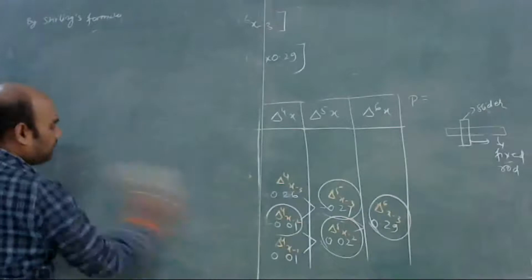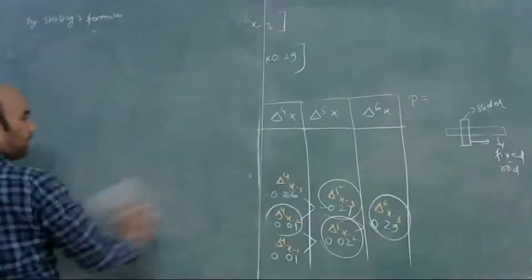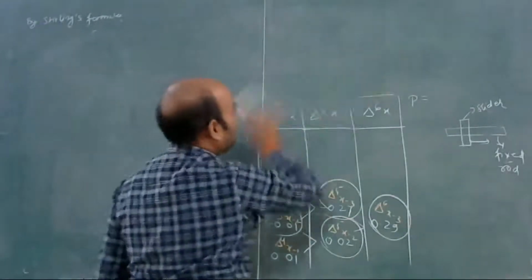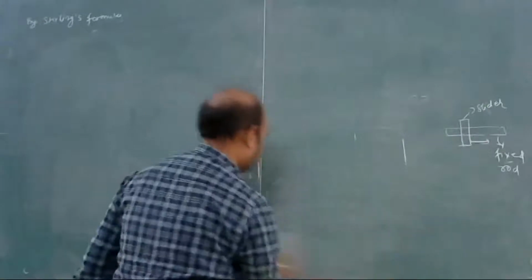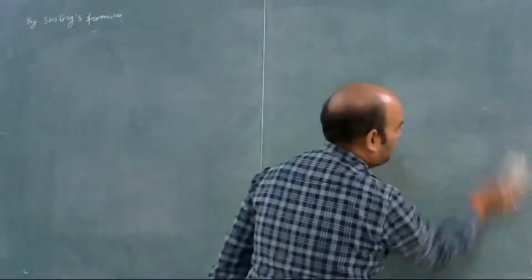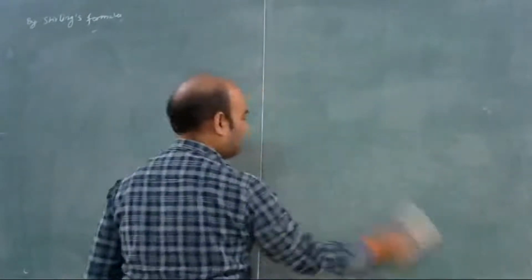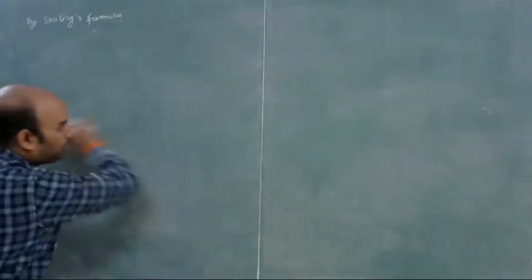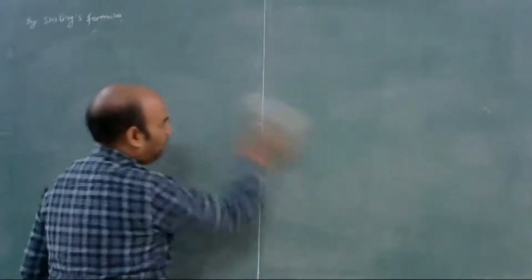Both the methods will give approximately the same answer. If in the question it is not mentioned which particular formula has to be applied, you can use any formula. You can go with Stirling's formula or you can use Bessel's formula, it's up to your choice. If it is given in the question to use Stirling, then you have to use Stirling's formula.